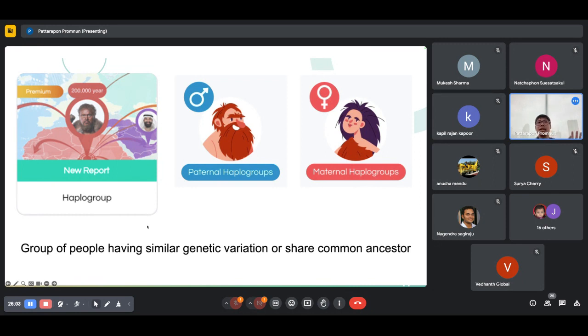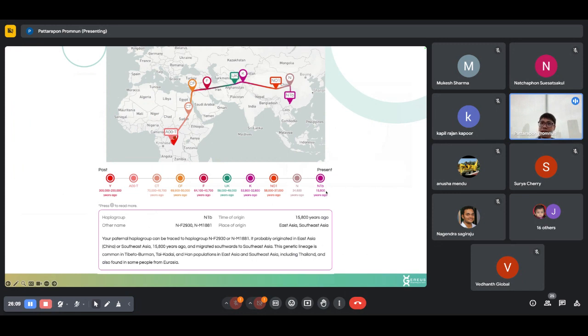We can trace your genetics back into the past, let's say 1,000 years or 10,000 years or 100,000 years. We can trace back where your ancestors were in the past, let's say 10,000 years into the past, of the human origin in Africa.